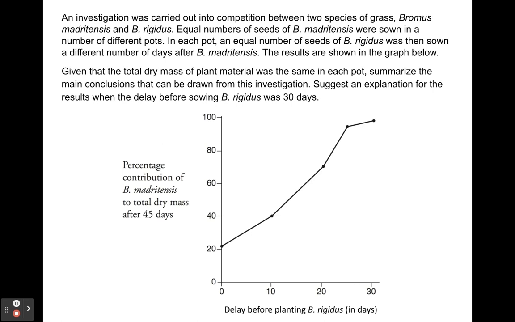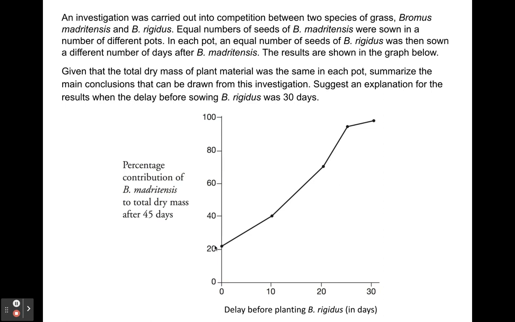All right, so you've answered the question, and let's just discuss this. So what I want you to see as you look at this graph is on the y-axis, we have the final percentage of madritensis after 45 days. So initially, when rigidus is planted at the same time, which one outcompetes the other?